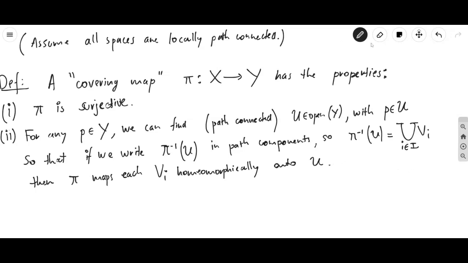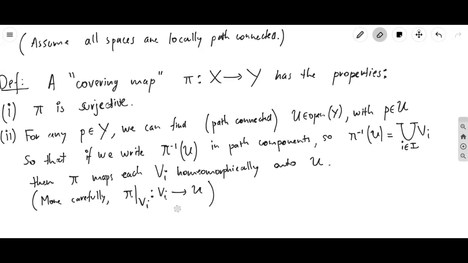Now again, we're being a little bit sloppy over here technically. Maybe more carefully, if you take pi and you restrict it to each of these sets V_i, then you have a mapping from V_i into U. You know it has to go into U because pi inverse of U is the collection of all points that by definition get mapped to U under pi.